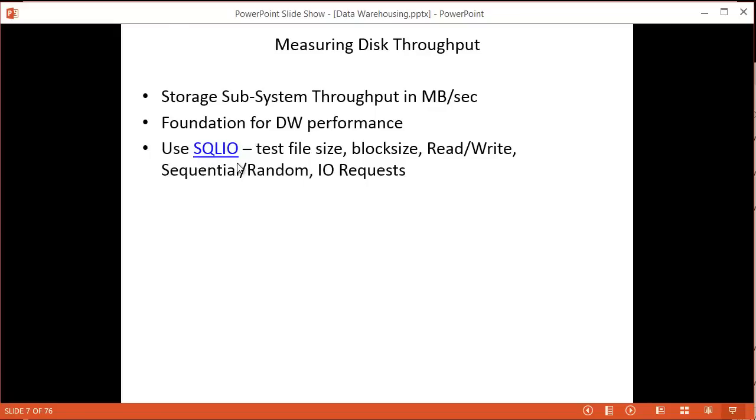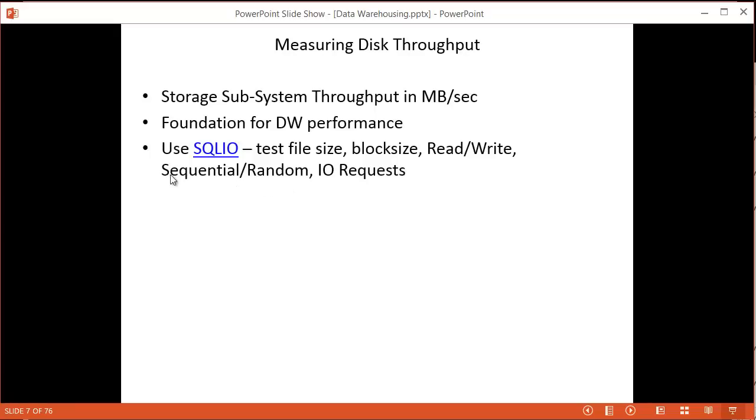And the best tool for doing this is a tool called SQL.io. It's poorly named, because it has nothing to do with SQL Server, but what it does is just write a test file on your file system, so on Windows Server. And you can do that in many different ways. You can adjust, for instance, the size of the file, the block sizes, whether or not it's reading or writing from the file, sequential or random reads and writes.